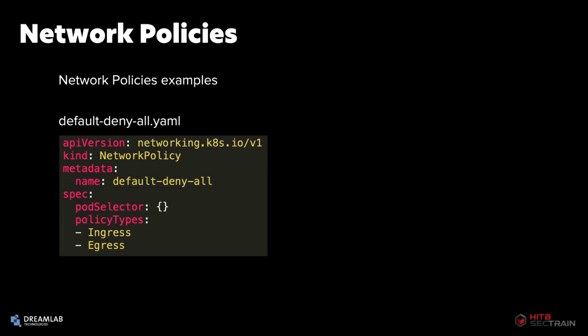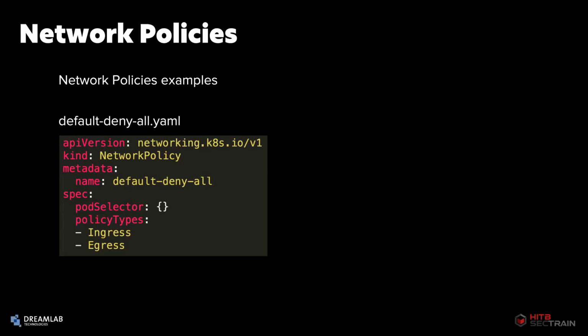This is an example of a network policy to deny all. If we create this, it's like a firewall, isn't it? Yes, exactly, it's like that. I will do a demo right now, but yes, by default, each pod can communicate with each other.